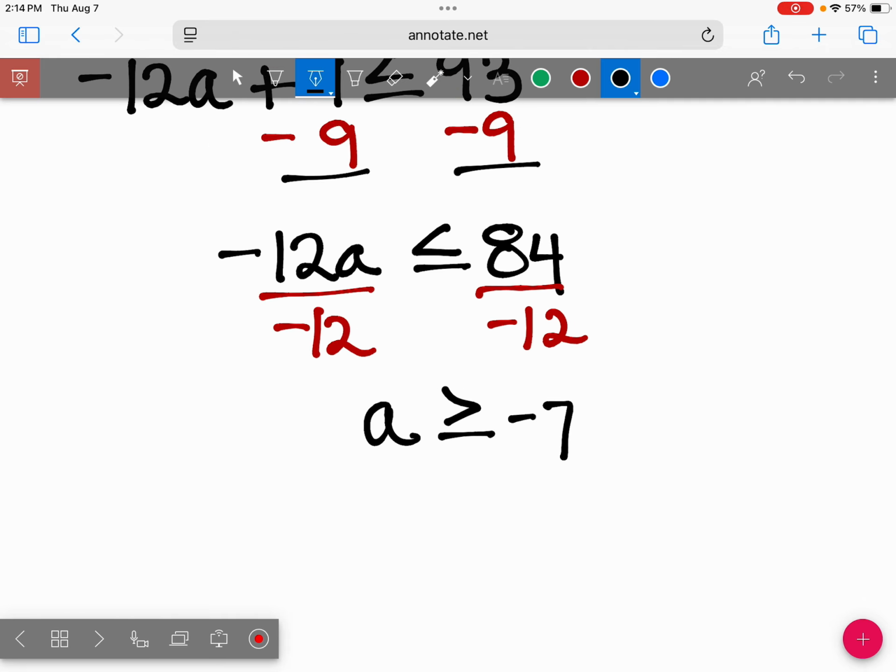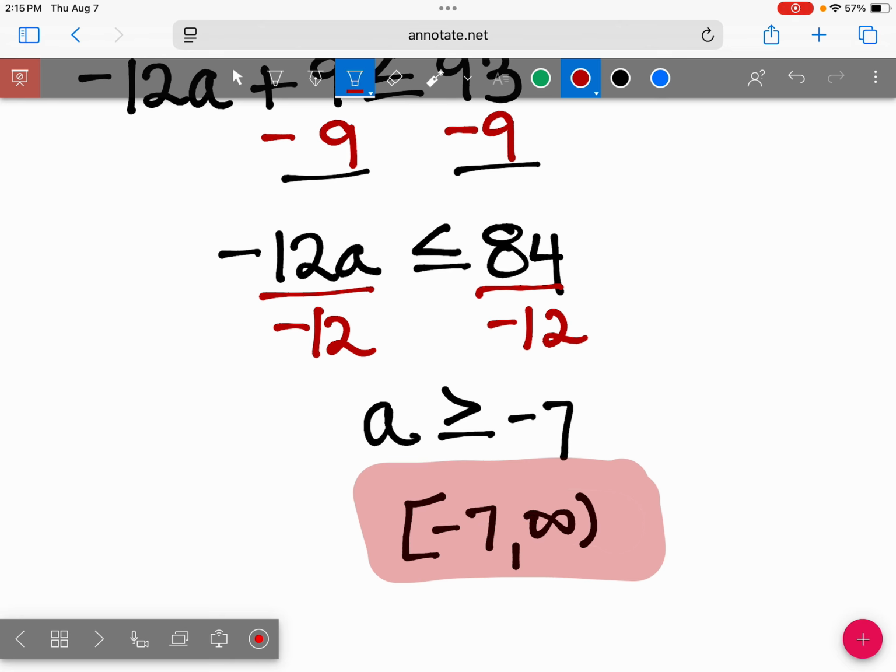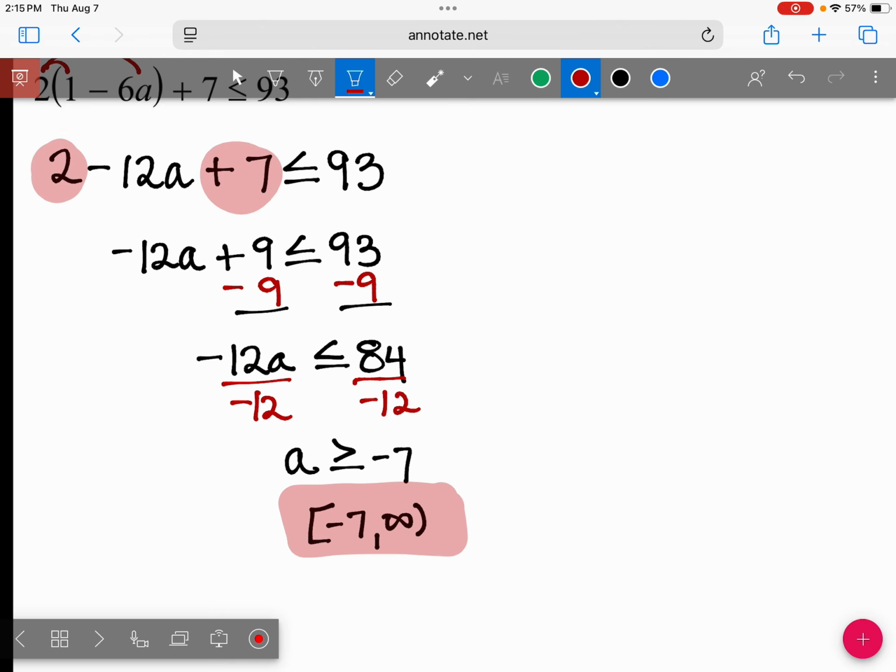But in pre-calc, you need to write it as an interval. So this is starting at negative 7, and it's a bracket because it's equal to. Because it's greater than, it's going towards infinity, which gets a soft parenthesis. This is the only acceptable answer that will give you full credit.